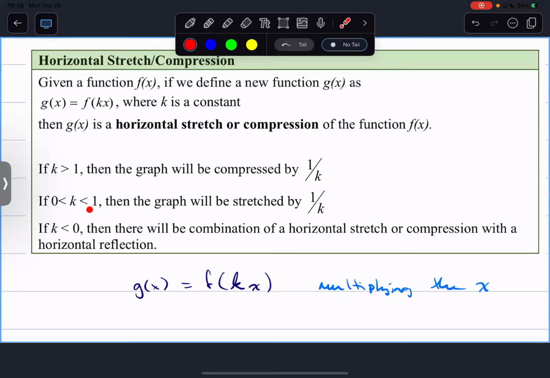If k is between 0 and 1, such as 1/2, then the graph is going to be stretched by 1 over 1/2, which is really going to be stretched by 2. Can't remember if we've reviewed fractions. Fraction over a fraction, you have to flip the denominator and multiply.